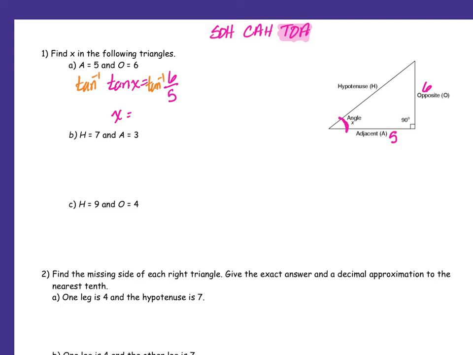No. Well, we'll talk about that, Marco. Oh, here's settings. Okay, there's settings. See how it's in radians? I don't want to be in radians. I want to be in degrees. So once I switch to degrees, watch my answer right now. See radians, it's 0.87. I switch to degrees, it's 50.19.